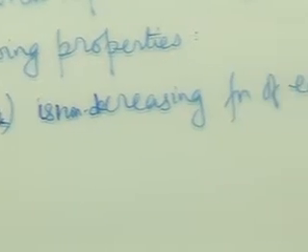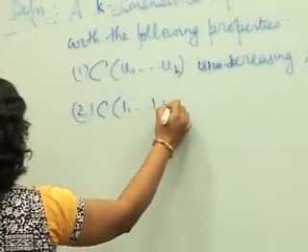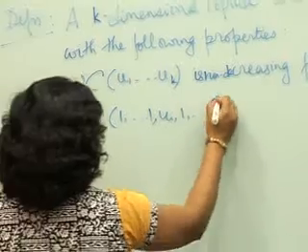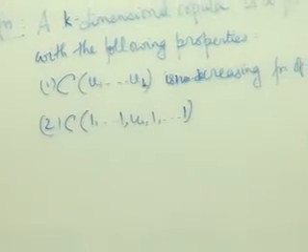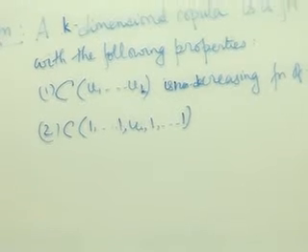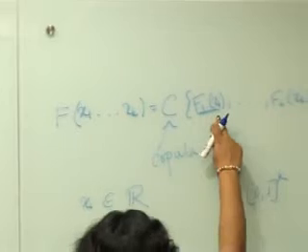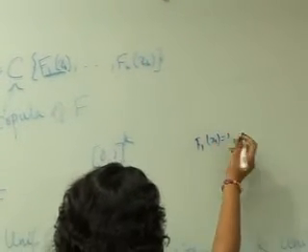And secondly, if you take all the components to be 1, then what do we really want? Then we want f1 of x1 to be 1. In particular, this will happen if x1 is plus infinity, right?